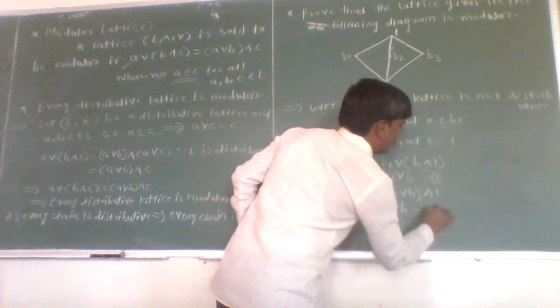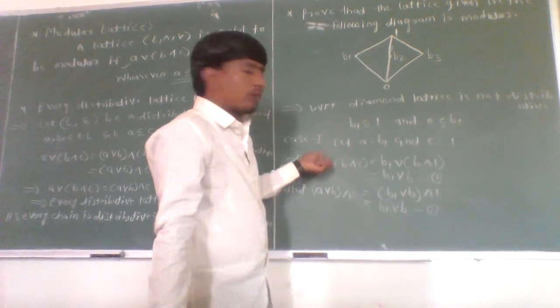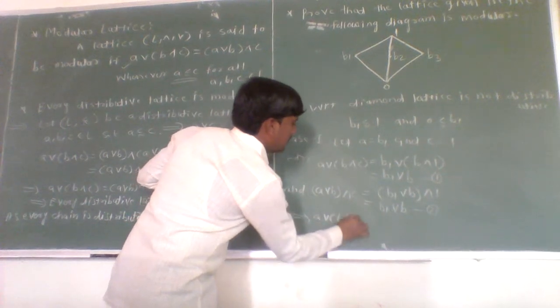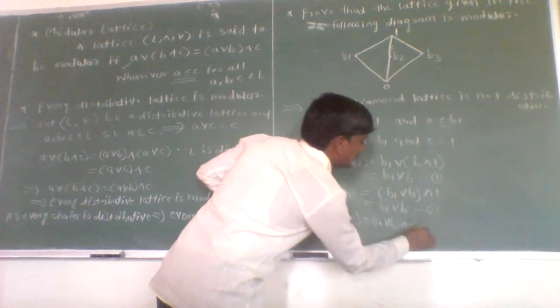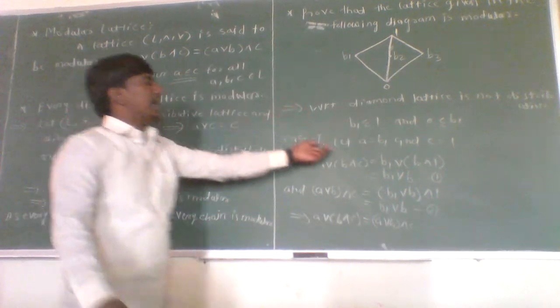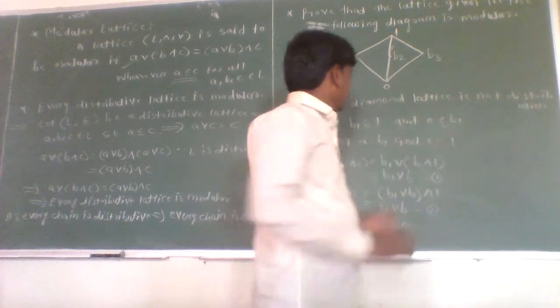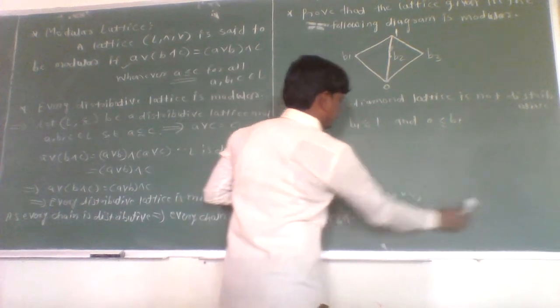Therefore, from 1 and 2, as the RHS are equal, the LHS must be equal, which implies a join b meet c equals a join b meet c. Therefore, for this a and c, the lattice is modular. Now it remains to check the other case.